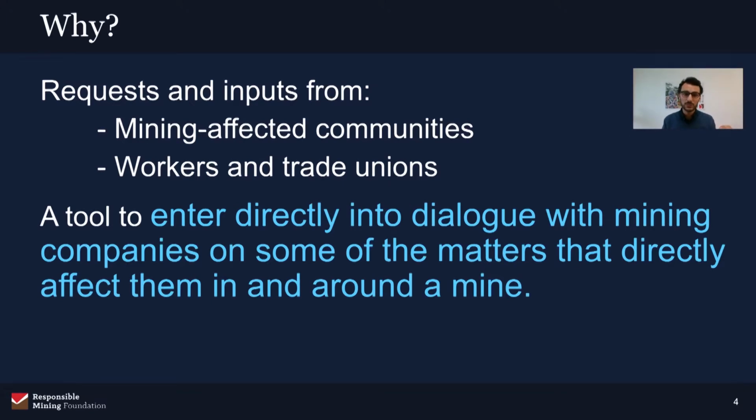And really the objective was, what can we do as local stakeholders to enter into dialogue directly with the mining companies, the mining operators, on some of the matters that affect us at the mine site and around the mine sites, where we would not be dependent on external entities, external NGOs, the governments, external support, but really drive our own engagement.